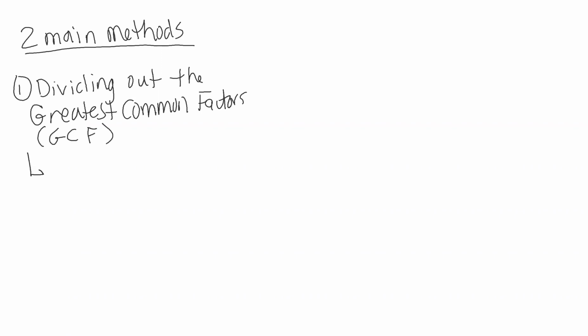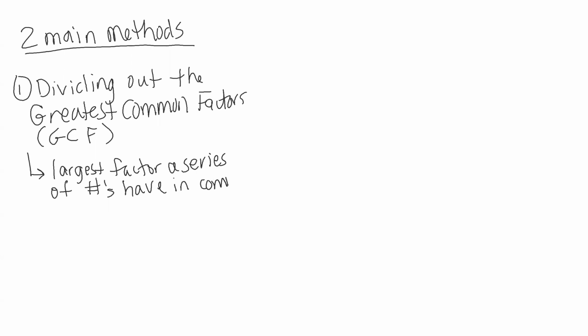Now, the greatest common factor is the largest factor a series of numbers have in common. So basically, we're looking to see what the largest factor a series of numbers have in common.